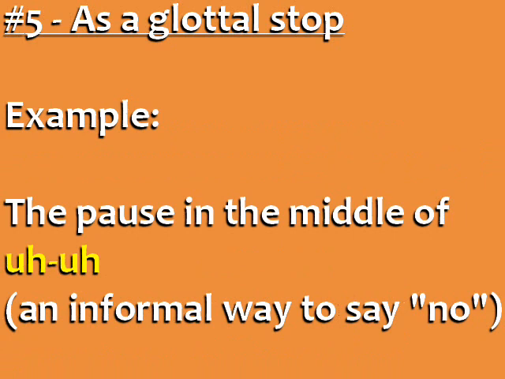One example is in the middle of the word uh-uh. That's an informal way to say no in English. Notice how the sound stops for a moment, but my mouth doesn't close. It's because I'm stopping the sound in my throat. This is a glottal stop. Uh-uh.